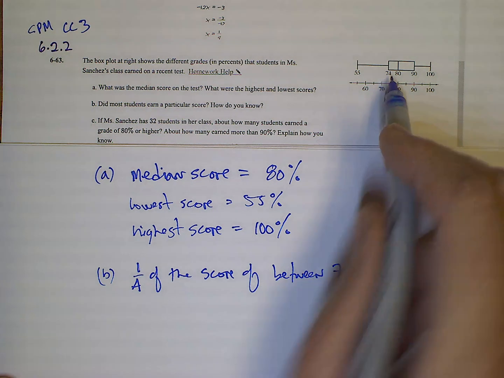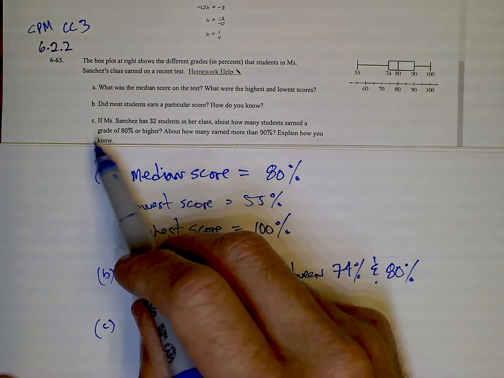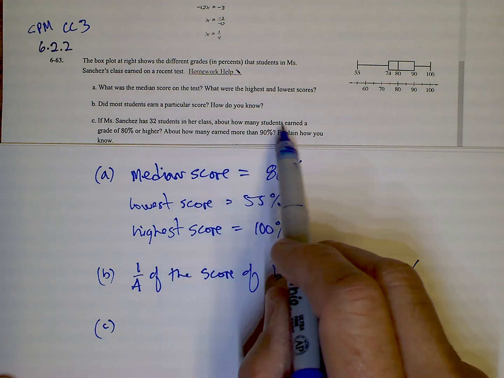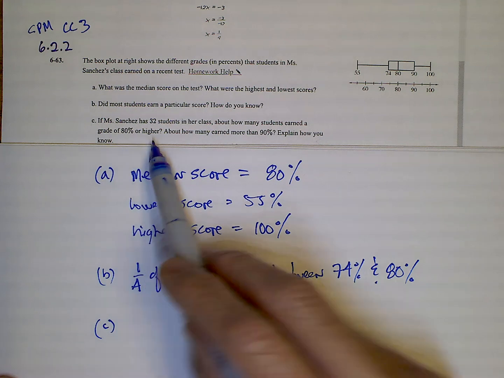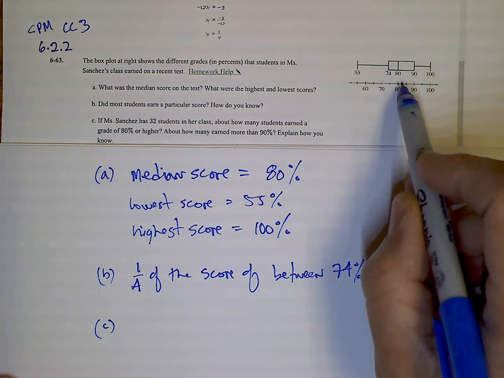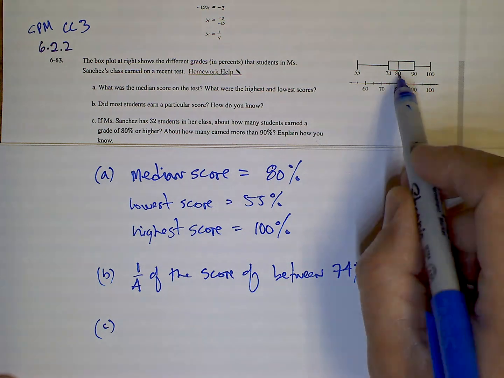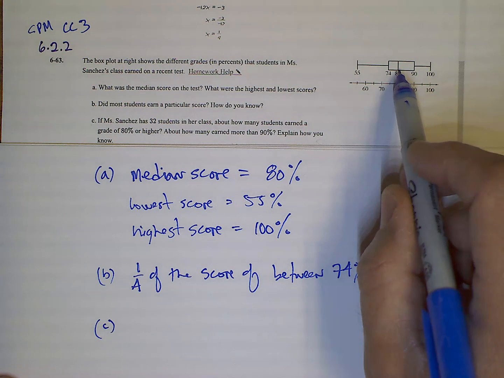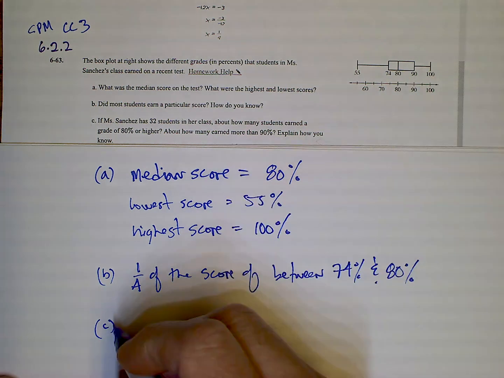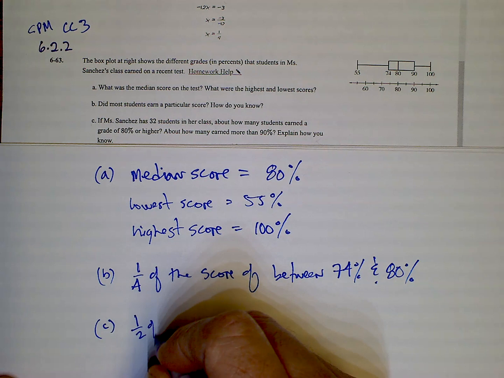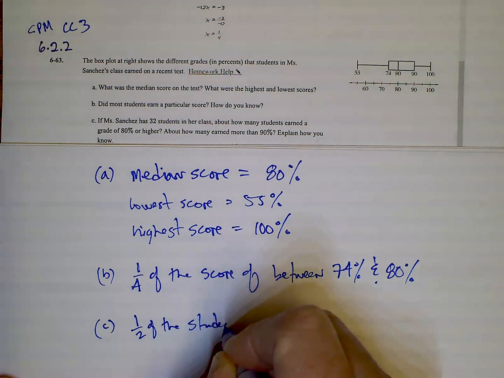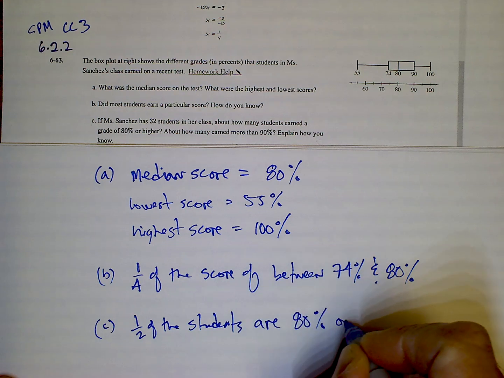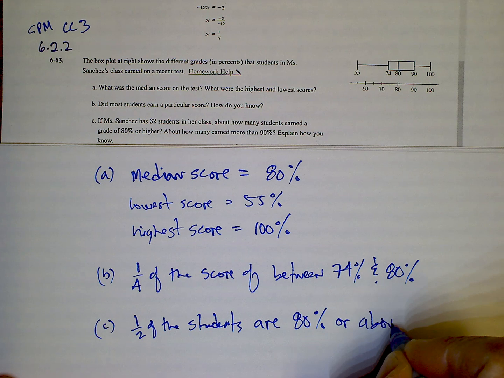Okay. And then part C now says if Ms. Sanchez has 32 students in her class, about how many students earned a grade of 80% or higher? Well, again, that 80% is the middle of the data. So the middle of the data means 50%, half of the students are 80 or above. So we can say half of the students are 80% or above, right?